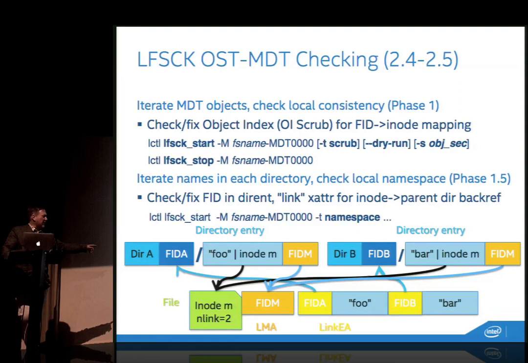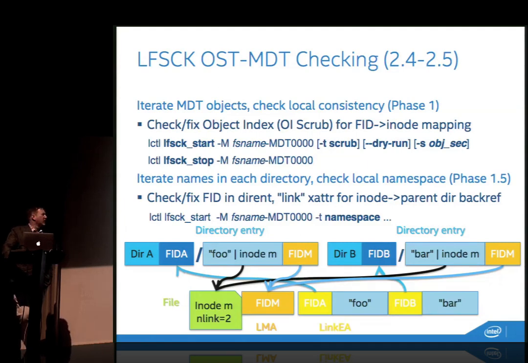If you've done a backup restore or the upgrade from 1.8, it will store the FID in the inode. This is a hard linked file, by the way, so two names pointing to the same entry. You'll add the FID attribute onto a given file, and then in the link extended attribute, it has a back pointer to what the parent directory entries are, for use in the directory path creation.